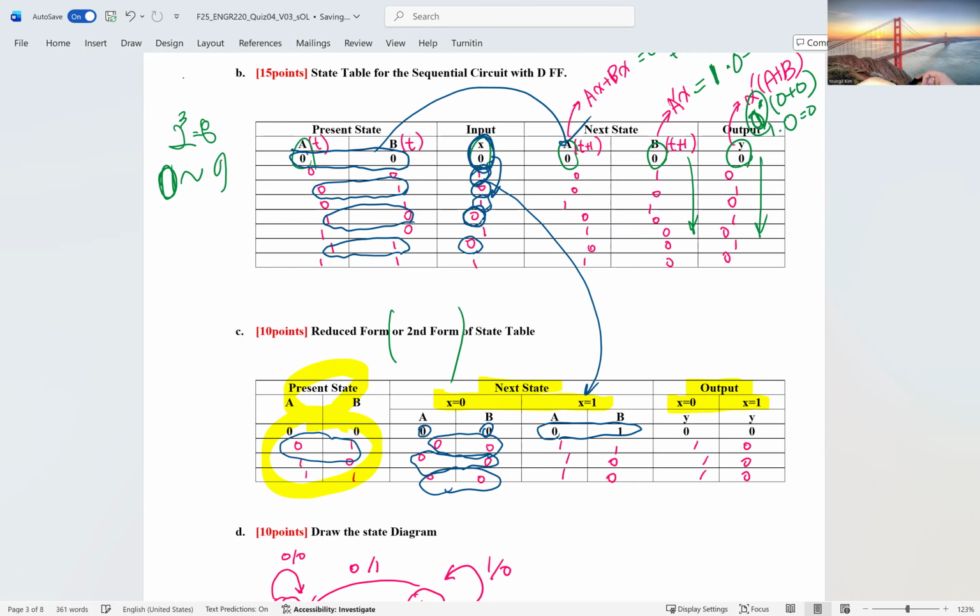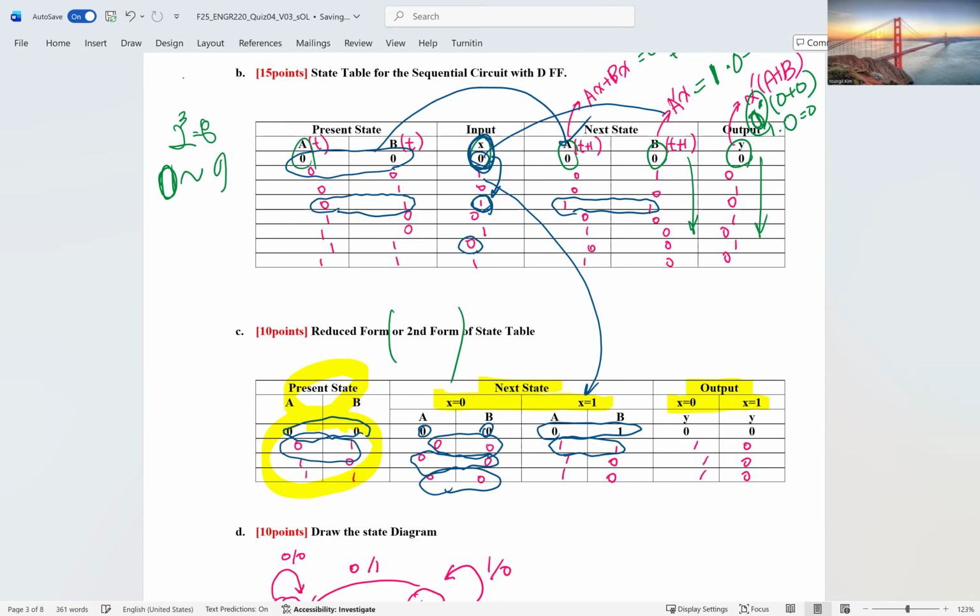And then the same thing, 0, 1. So next, the output, just give me a second. 0, 1. The X is 1. The next state is what? The 1, 1. So on. Okay. So the Y is the same thing. For example, the present state 0, 0, and the X is equal to 0.